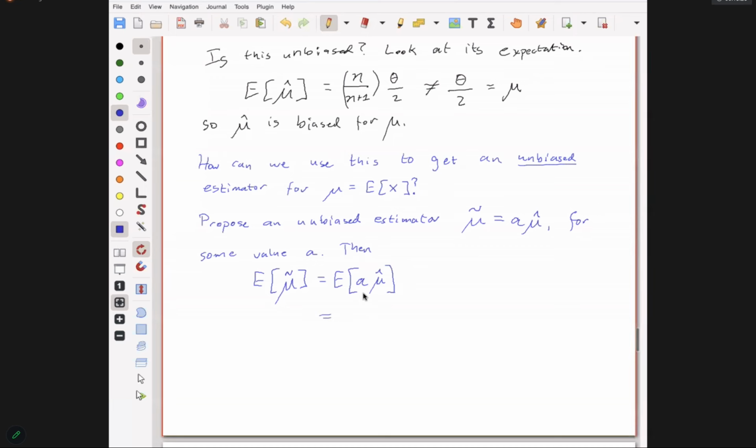And then how do we write this one? What's our next step? We take the A out, right? So this is A times the expectation of mu hat. And what is the expectation of mu hat again?